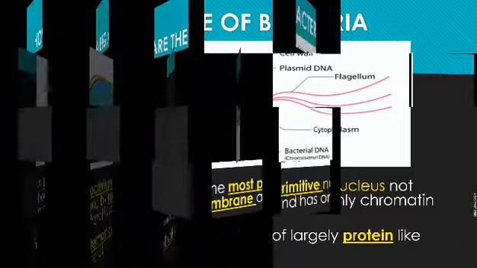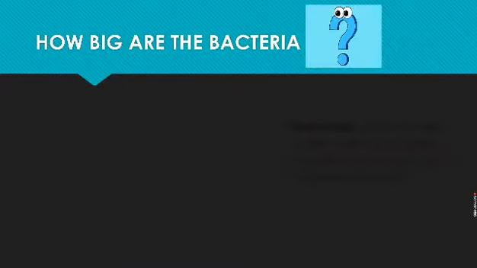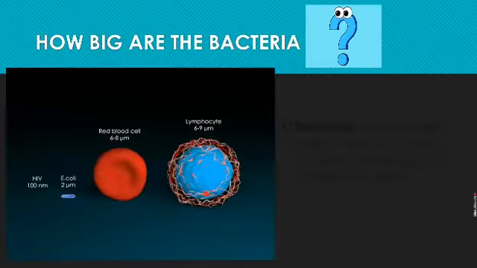So you may have noticed the size of a bacteria. Yes, great. It is very small. Here you can compare the size of the lymphocyte with the bacteria. You can see that the bacteria is so minute that we cannot even see it.